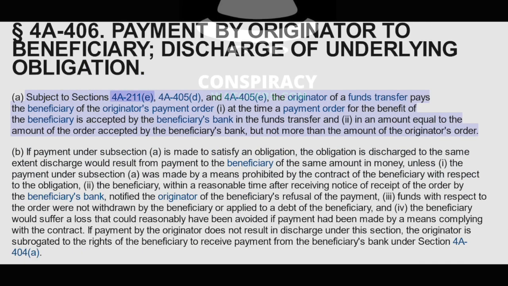Subject to Sections 4A211, 4A405, and 4A405, the originator of a funds transfer pays the beneficiary of the originator's payment order at the time a payment order for the benefit of the beneficiary is accepted by the beneficiary's bank in the funds transfer and in an amount equal to the amount of the order accepted by the beneficiary's bank, but not more than the amount of the originator's order.